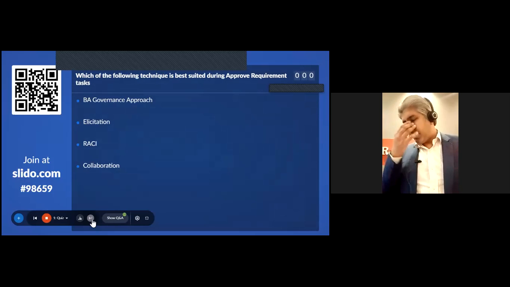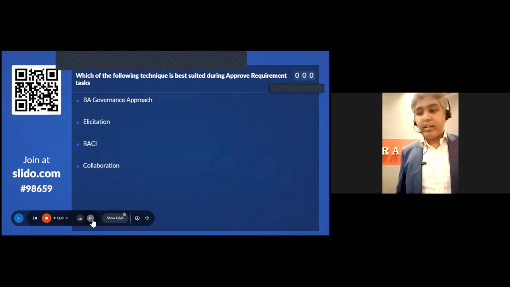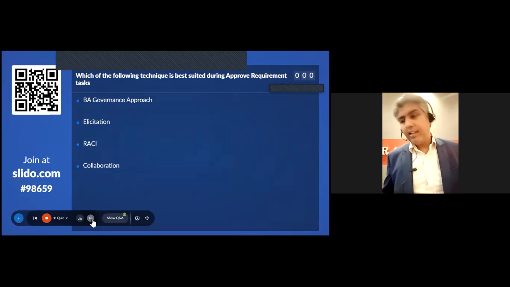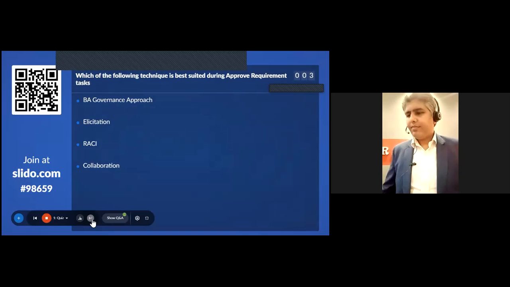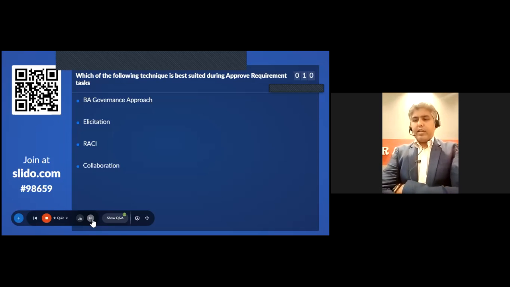Okay, next question coming your way. Which of the following techniques is best suited during the approve requirement task? Approve requirement is one of the tasks in requirement lifecycle management, along with tracing, maintaining the requirement for reuse, and assessing the change. Which specific technique out of the following?